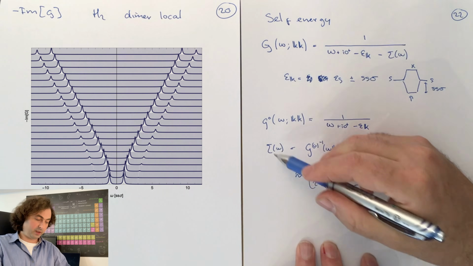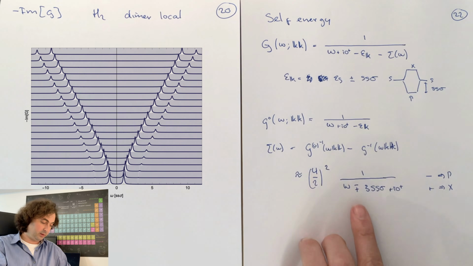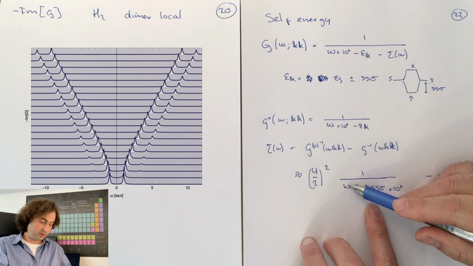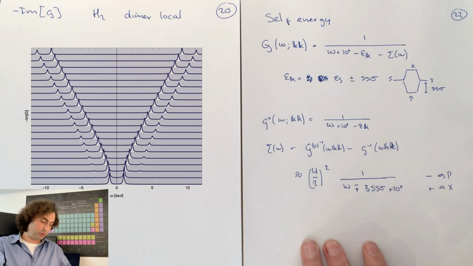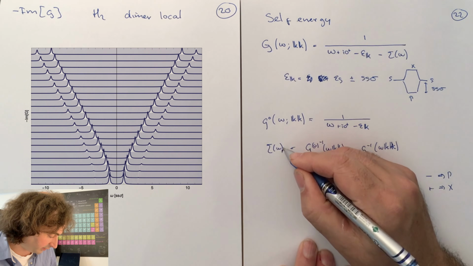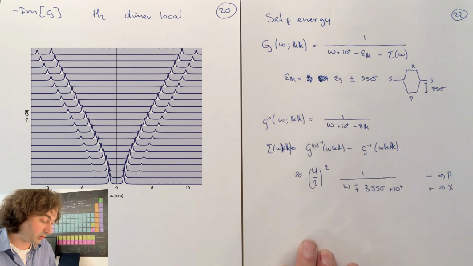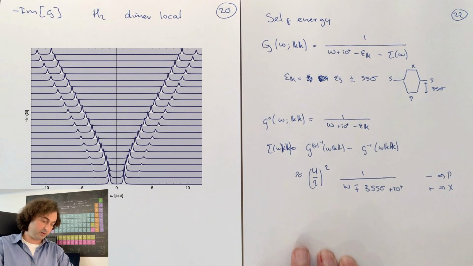So we see that we have a self-energy that scales as (U over 2) squared, and the poles sit at plus or minus 3 ss sigma. So there is quite some momentum dependence in your self-energy, so actually we should write here sigma k, because it's not a momentum independent self-energy.